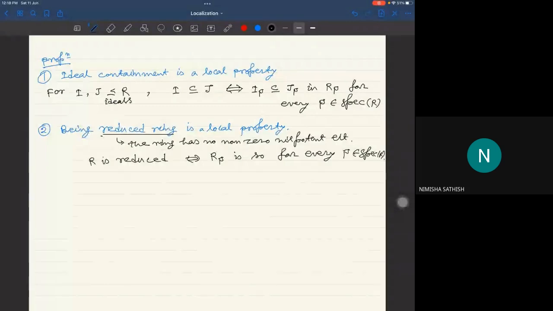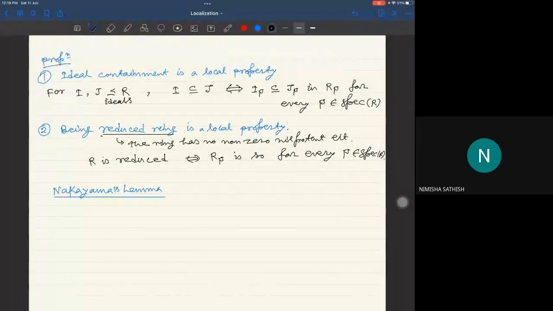Life is easy. Let's see at least one lemma that is useful in local rings, and we have that. We call it Nakayama lemma. What is that?